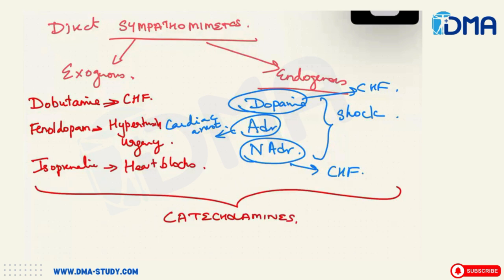There are other drugs which are non-catecholamines, but still they act at individual receptors and are used in the treatment of particular diseases. One such group is the alpha 1 agonists. Example, first example is phenylephrine. Phenylephrine directly acts at the alpha receptors, thereby causing vasoconstriction. This vasoconstriction property of phenylephrine is used in case of spinal induced hypotension.